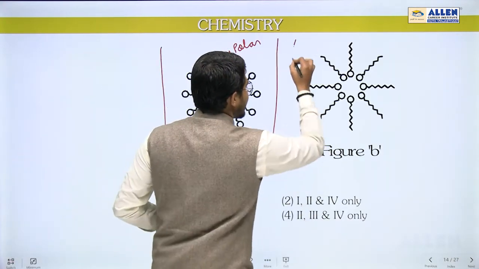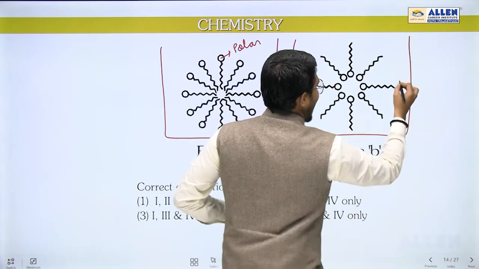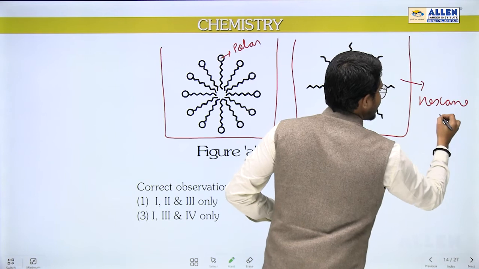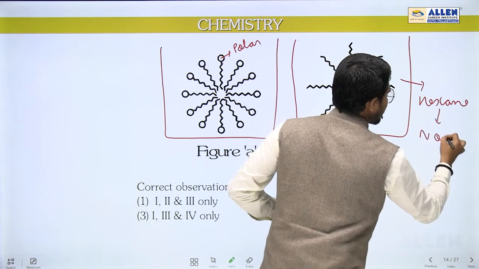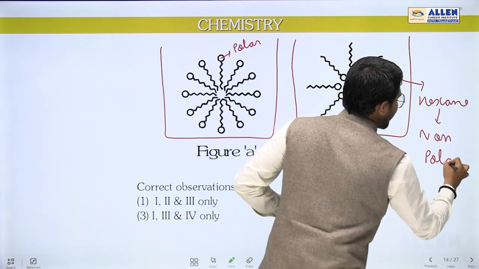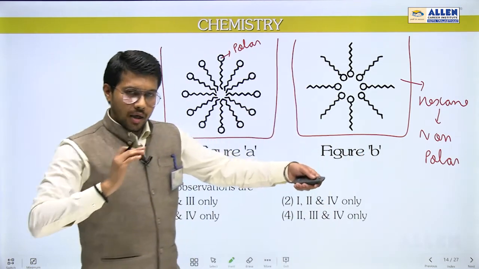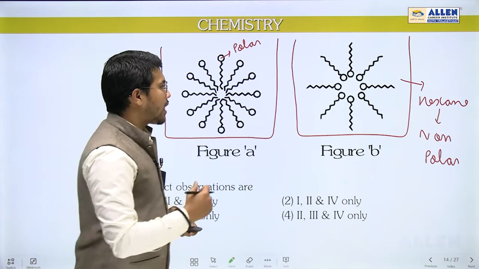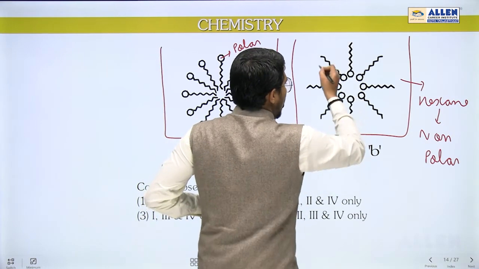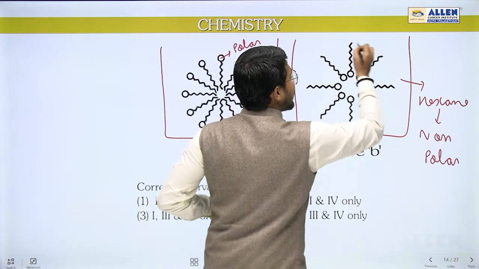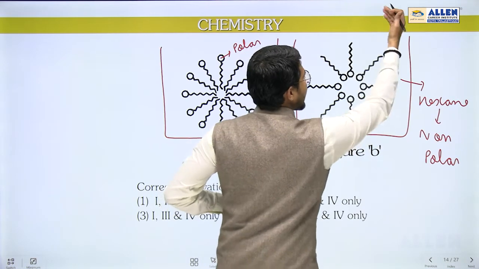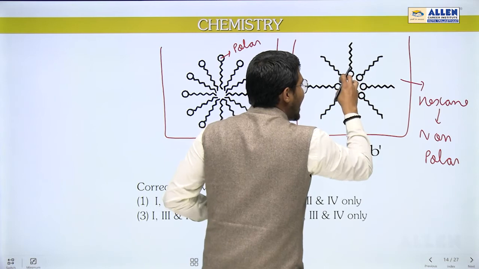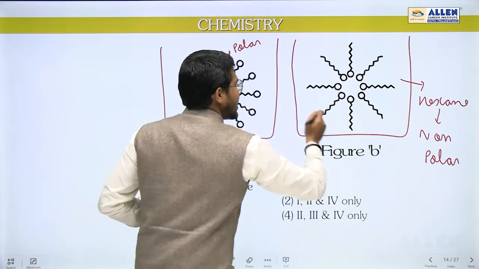Since the surfactant has been added in hexane, and hexane is non-polar. We know that polar loves polar and non-polar loves non-polar. So the non-polar, hydrophobic part will remain outside, and the hydrophilic, polar part will remain inside.